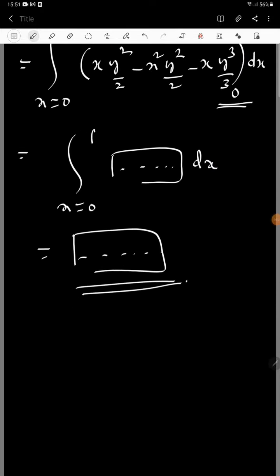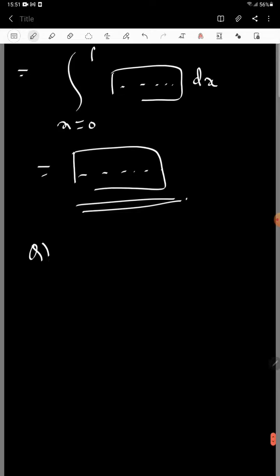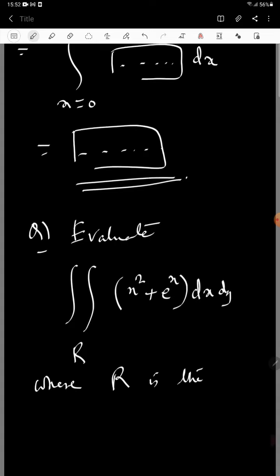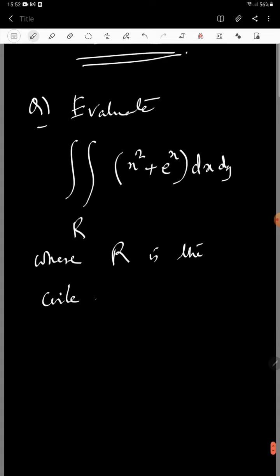So how to find the limits? Suppose the question appears like this: evaluate the double integral over R of some x square plus e to the power of x dx dy, where R is the circle x square plus y square is equal to 16.